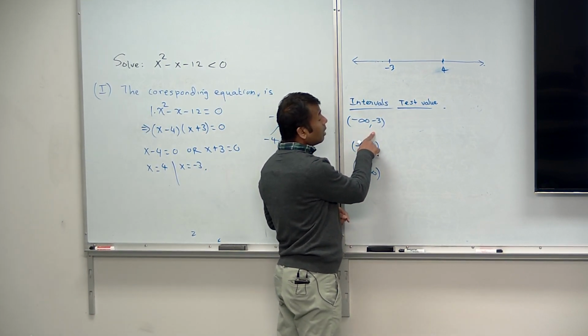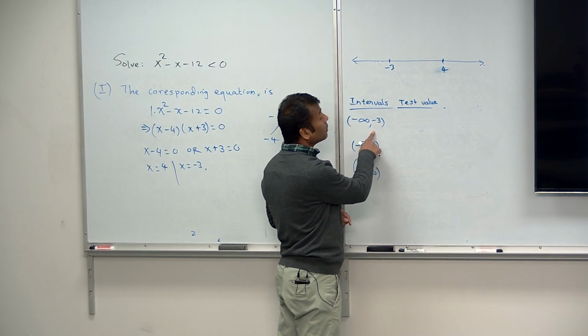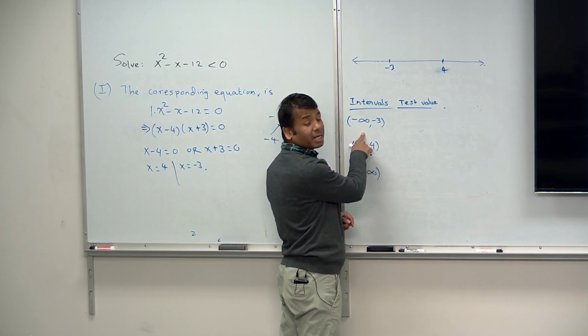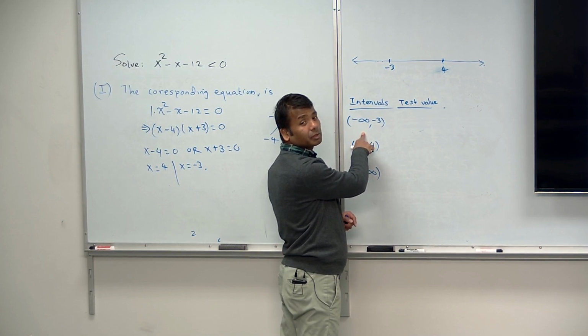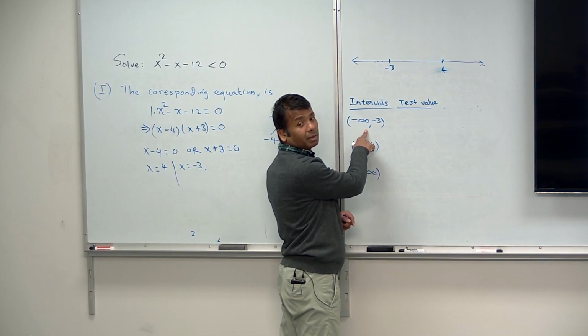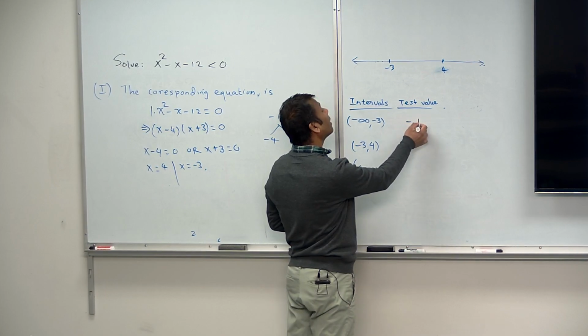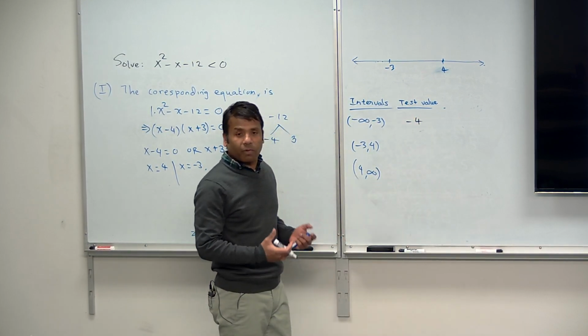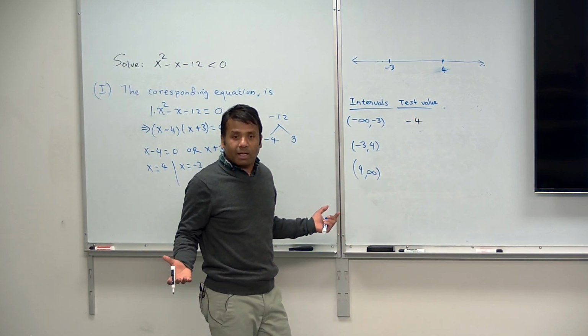So from this interval, what values of x would you like to take as a test value? You pick any value from here. What do you want to pick? Negative 4. I will pick negative 4. I don't pick something like negative 99. You know what I mean?